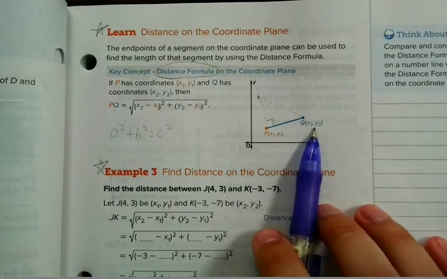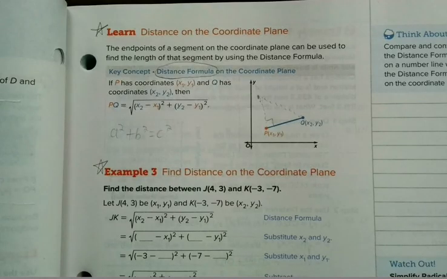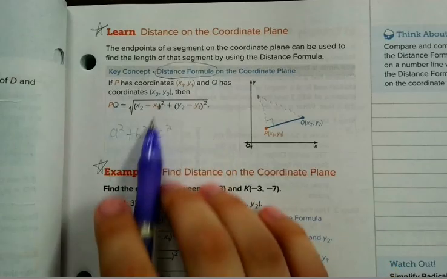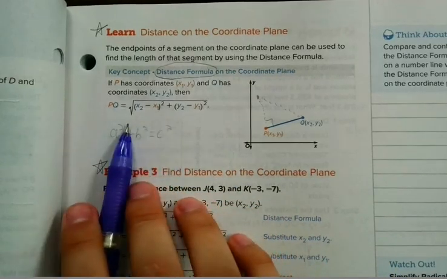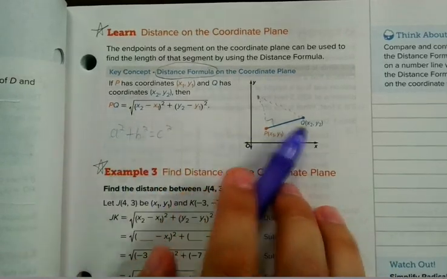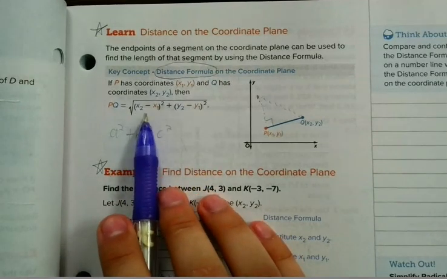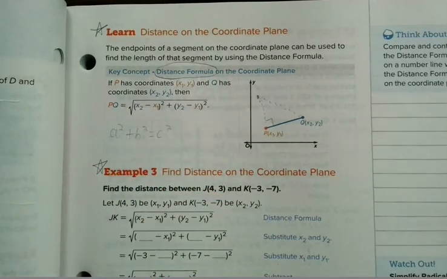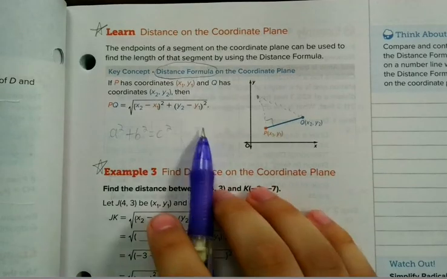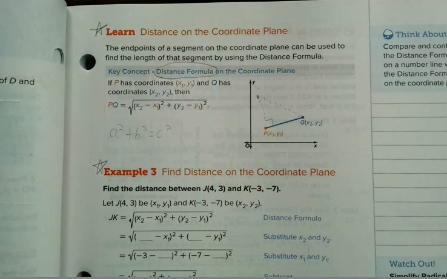And I have Q that has coordinates x2, y2, just different points in space. Then the formula I use for the distance between P and Q is the square root of x2 minus x1 squared plus y2 minus y1 squared.